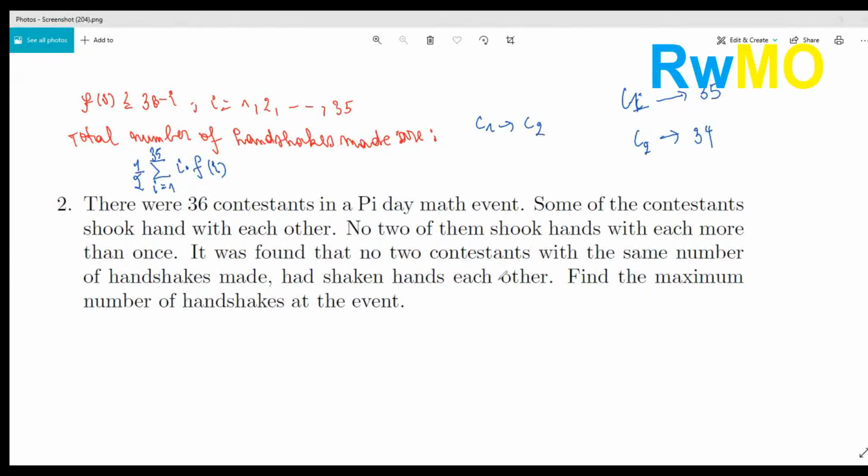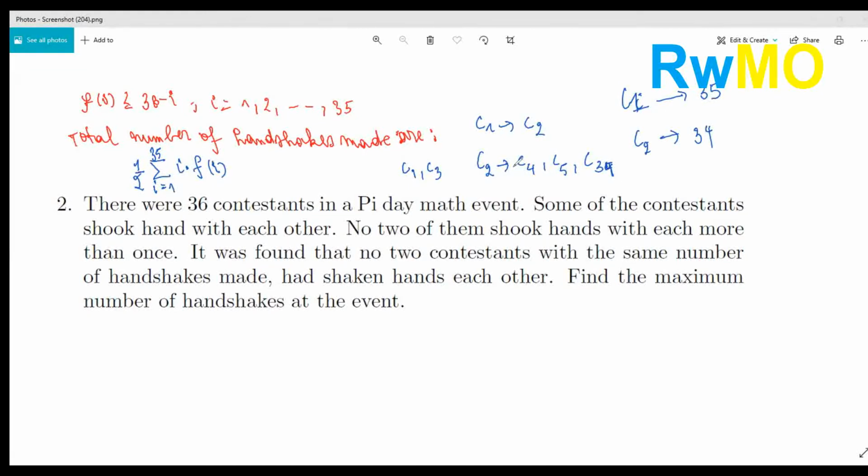So if you assume that contestant 1 shakes hands with contestant 2, then contestant 2 will shake hands with contestants 4, 5, all the way up to contestant 35, so 34, because contestant 3 will shake hands with contestant 2.